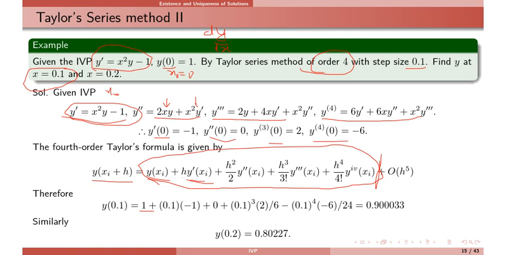Then write the Taylor series and fit all values on the right hand side, and this will be the value of y at 0.1. Okay, so I have just done one calculation. Similarly, you can compute y at 0.2. When you compute y at 0.2, just write the same series and again all derivatives will be computed at x equal to 0.1.